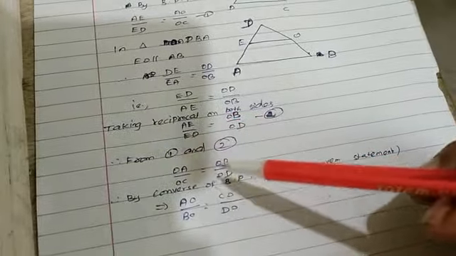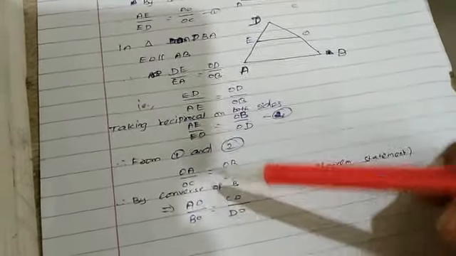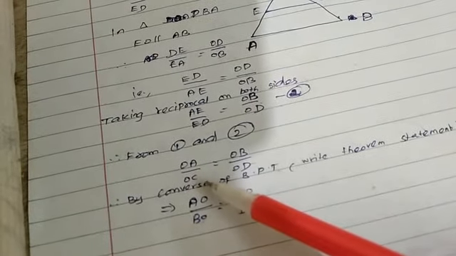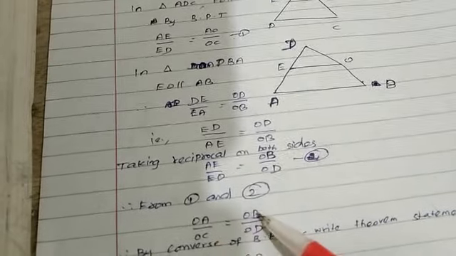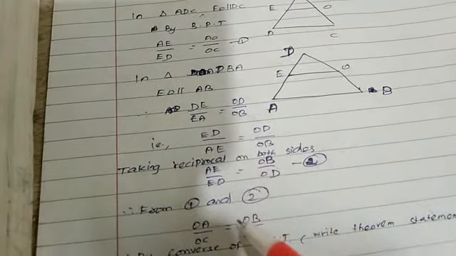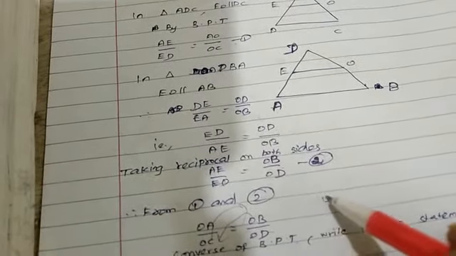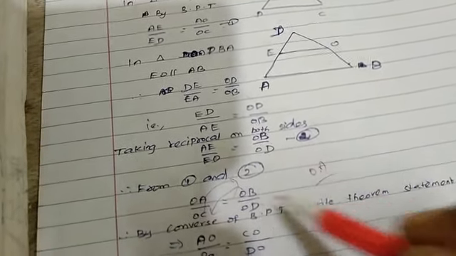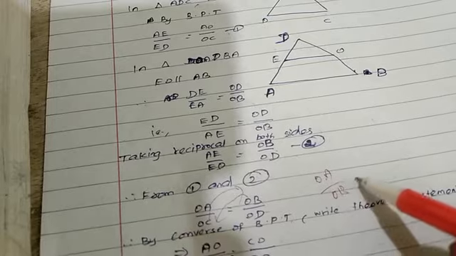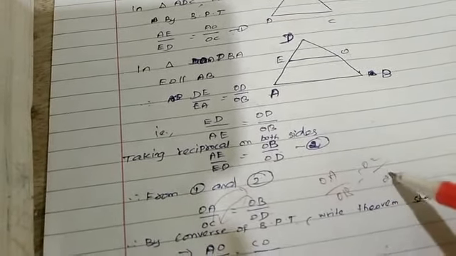Here we need to prove, as per the given, AO divided by BO. We got AO divided by OC equal to OB divided by OD. We can use cross multiplication: OA divided by OB equal to OC divided by OD.